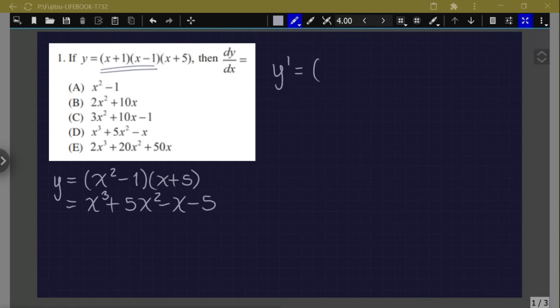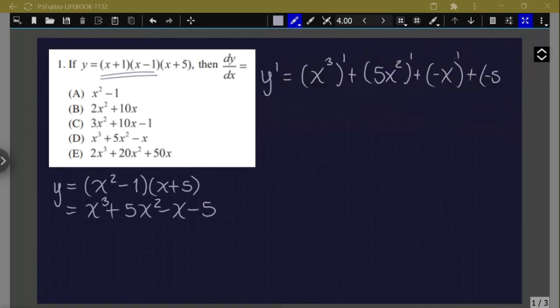So we need to take the derivative of x cubed, let's express it like that, and then the derivative of 5x squared, and then the derivative of, and you could say that is plus negative x prime, and the derivative of a constant, which in this case is negative 5. Let's see if I can put this a little bit here, and then negative 5.